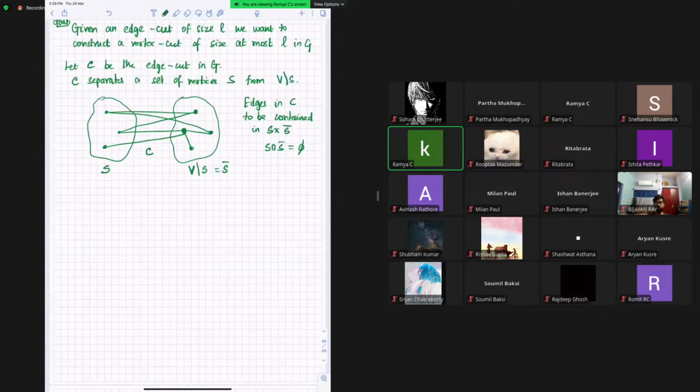Now if I pick, let's say, X here and Y here. Let's take an X in the set S and Y in the set S complement. So there is one special vertex here, and this is also a special vertex. These are two vertices in the original graph. So in the graph G, X and Y belong. Either this edge XY is in the graph, for every pair XY that you choose.